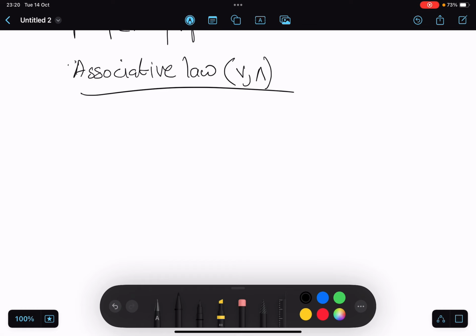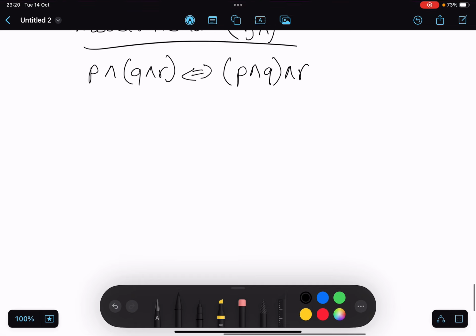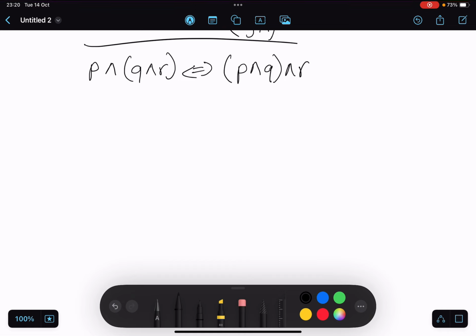The associative law says P and Q and R is logically equivalent to P and Q and R, regrouped. And also P or Q or R is logically equivalent to P or Q or R, regrouped.